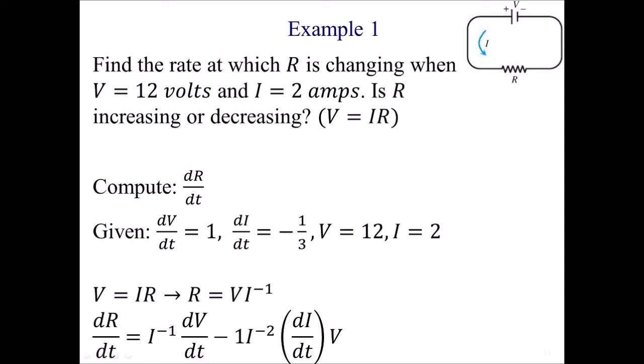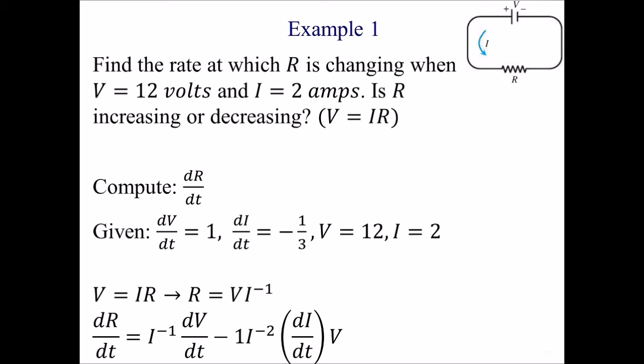Once we have calculated the derivative of R with respect to time, it's time to plug in our numbers. Now before I plug them in, I'm going to make sure I have values for all the variables on the right-hand side. I has a value of 2, dV/dt is 1, dI/dt is -1/3, and V equals 12.